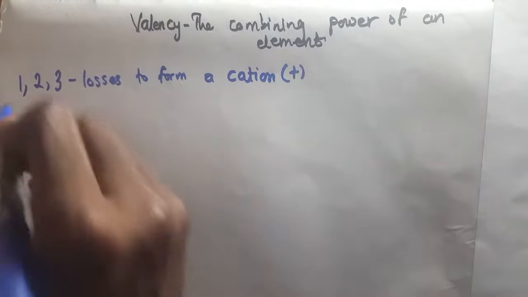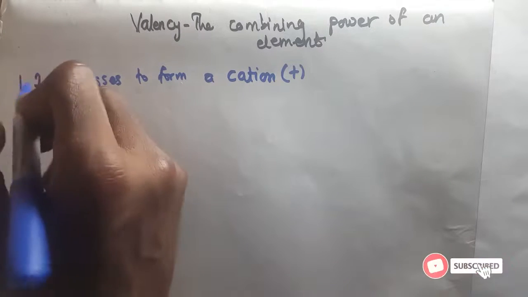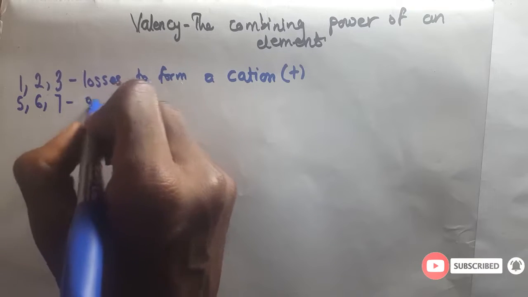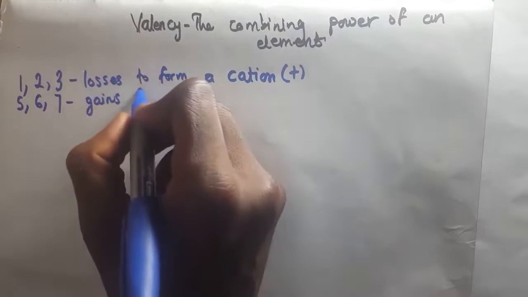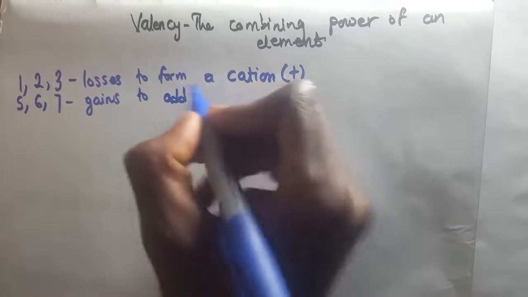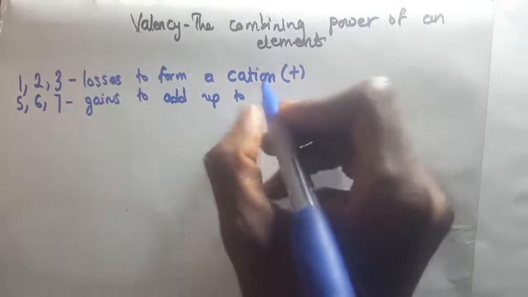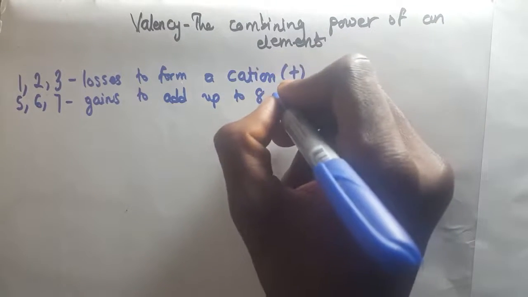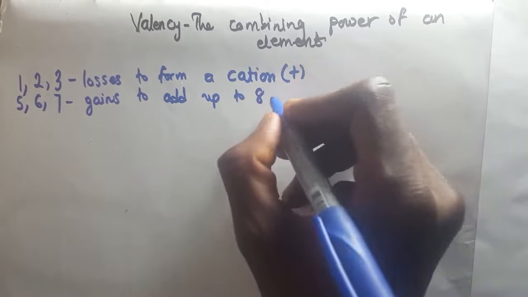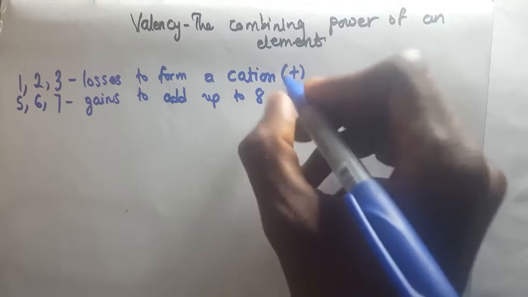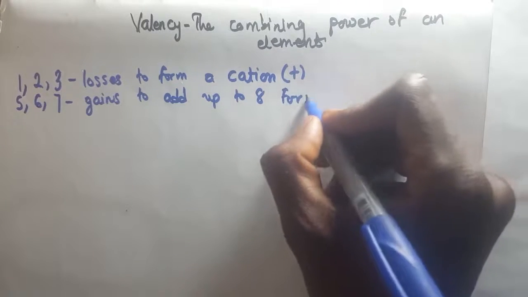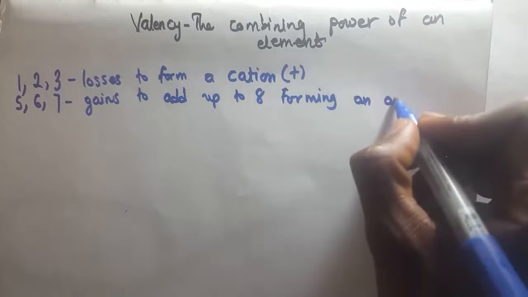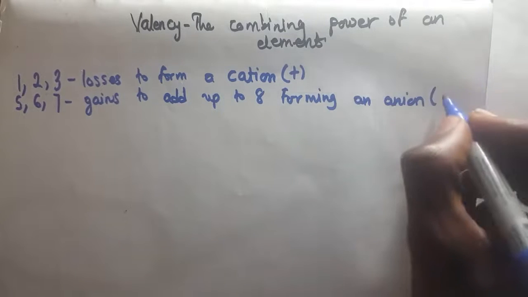And another statement: when an element has 5, 6, or 7 electrons on the outermost shell, it gains to add up to 8. So it will form what you call an anion. Anions are negatively charged.